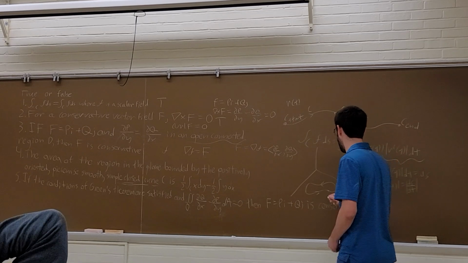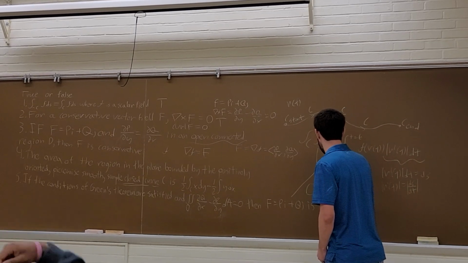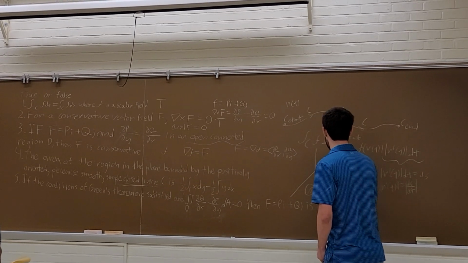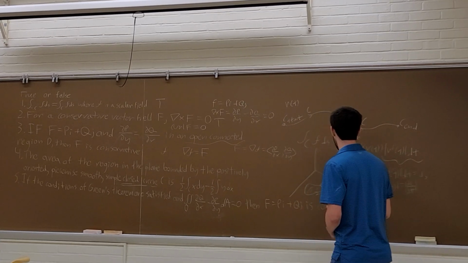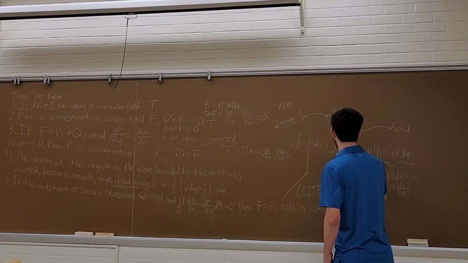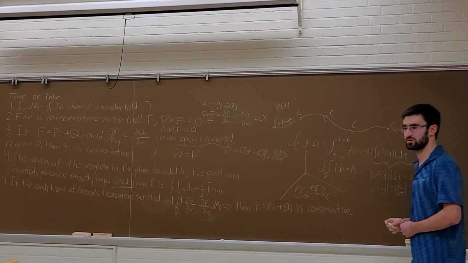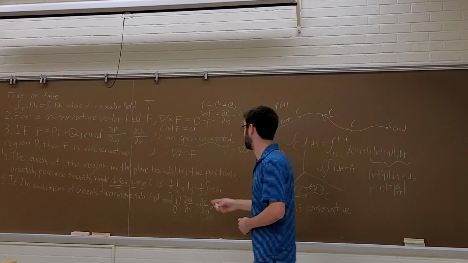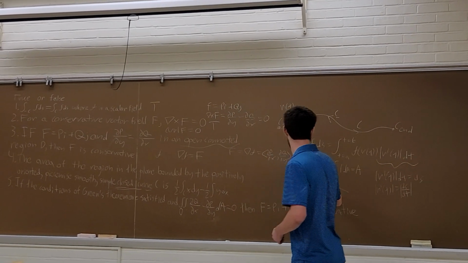Let's call this region D. If you take the double integral over that region D of 1 dA, you get the area of the region in the plane bounded by that curve.